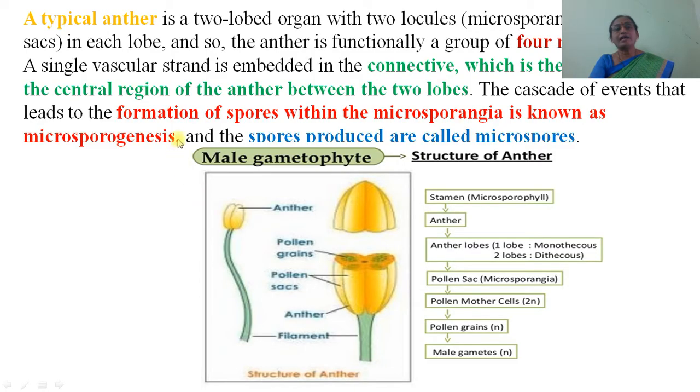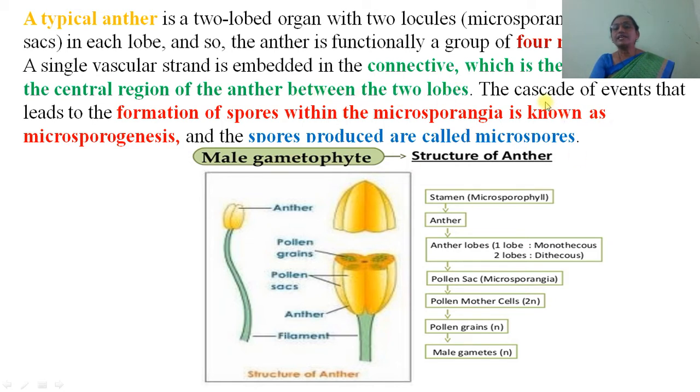A typical anther is a 2-lobed organ with 2 locules, that is microsporangia or pollen sacs, in each lobe, and so the anther is functionally a group of 4 microsporangia. A single vascular strand is embedded in the connective, which is the tissue found in the central region of the anther between the 2 lobes. Here it is, this one.